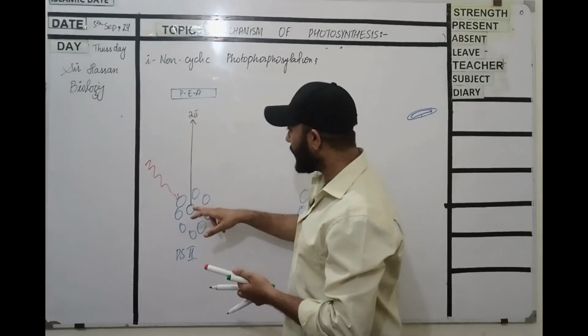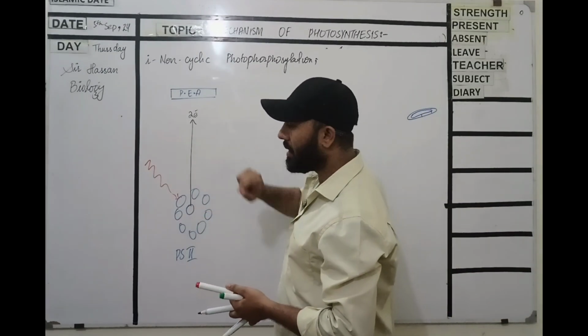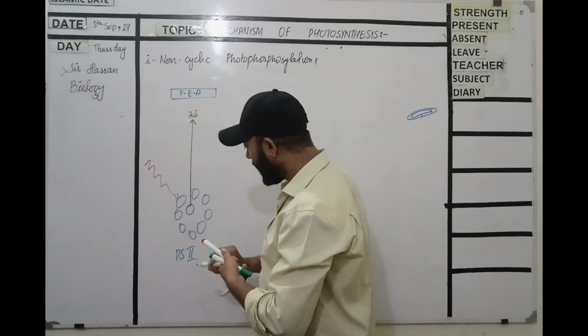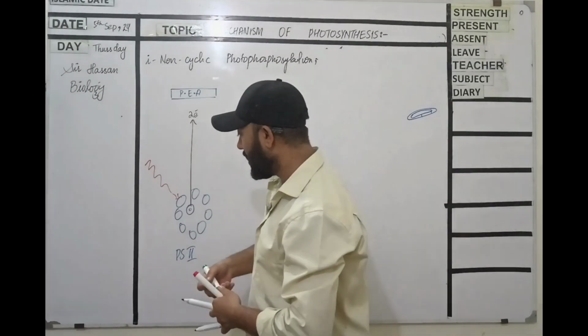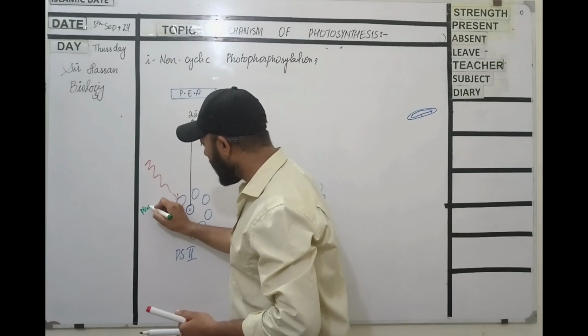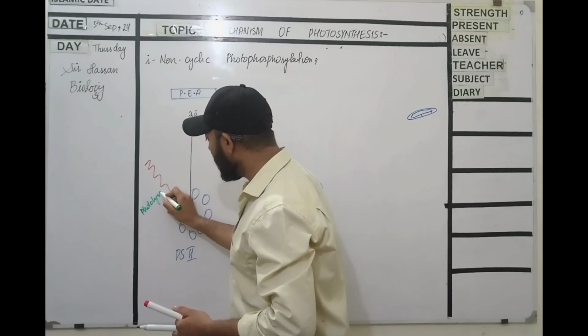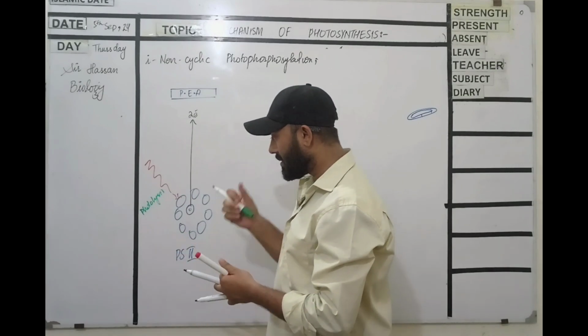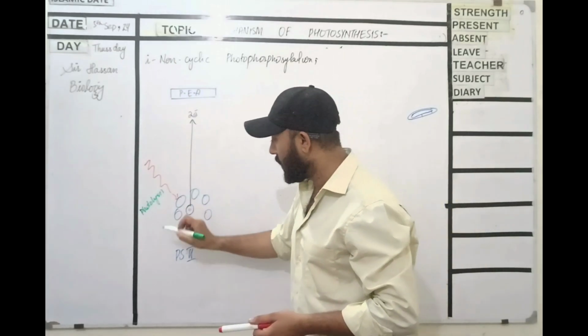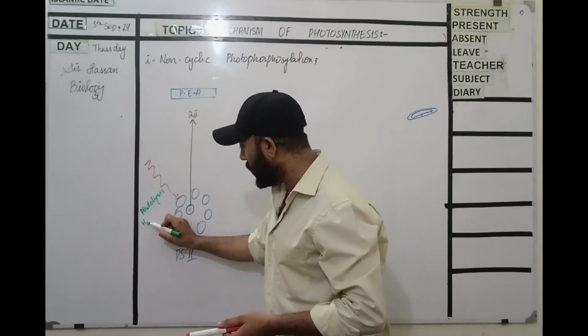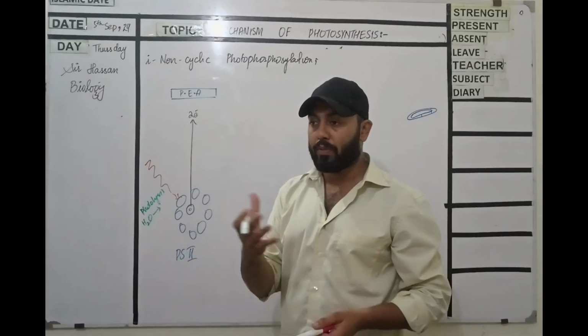Okay, whenever the electron jumps from photosystem 2 to primary electron acceptor, there is a hole created here. To fulfill this hole, a side reaction occurs, which is called photolysis. And from the name, we can indicate that photolysis means breakdown of a molecule in the presence of sunlight. What would happen? A water molecule would be broken down with the help of an enzyme.